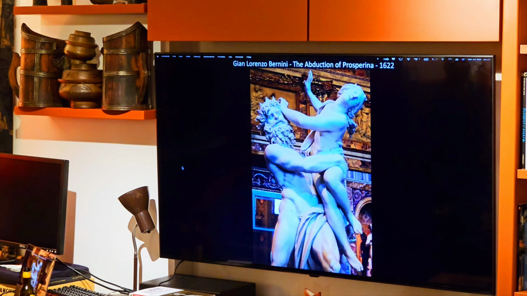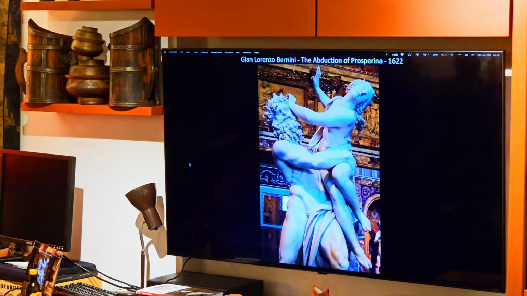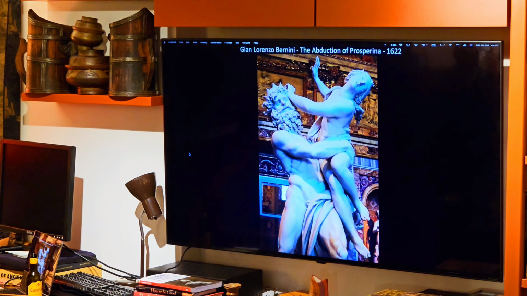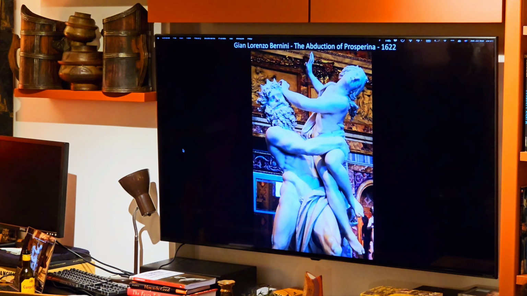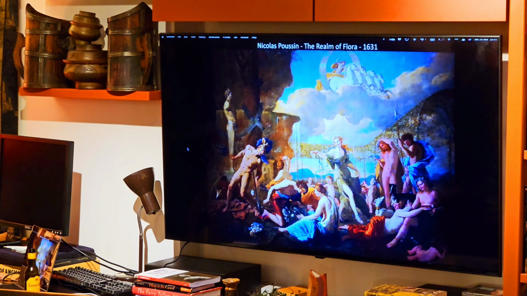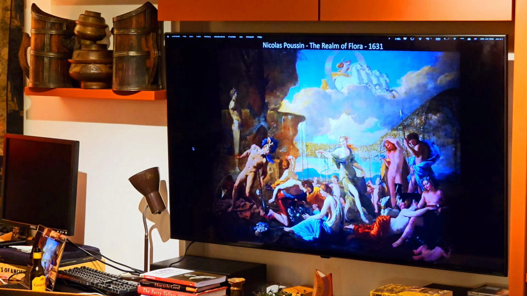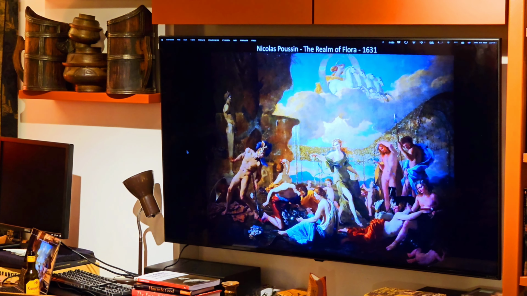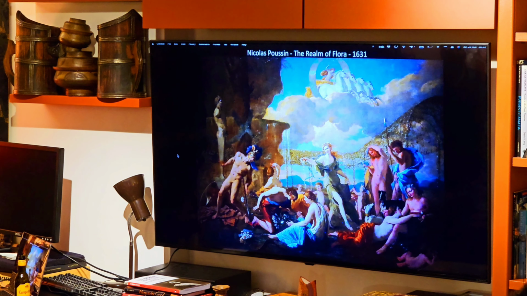That's the original of Jeff Koons's thing. That's a pretty ramshackle bunch of classical allegories that Poussin put together.